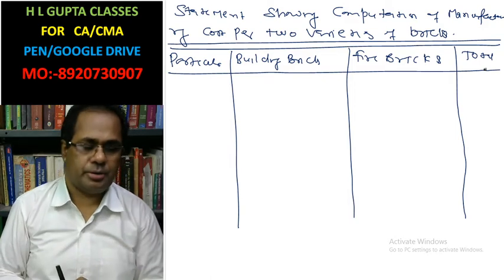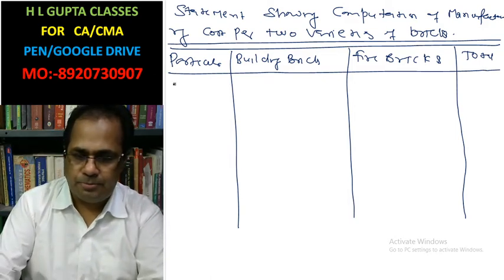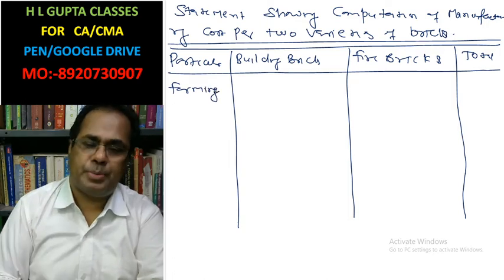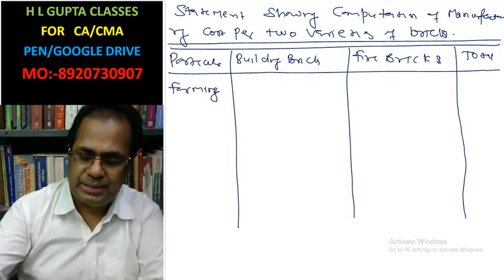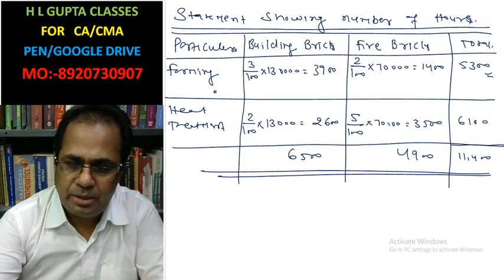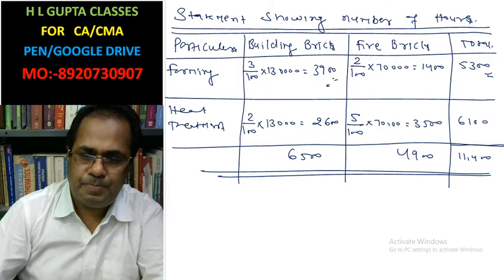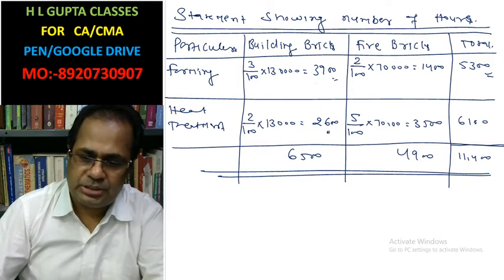Okay, look at it. Forming cost. In building bricks, time is 3,900 hours, and for fire bricks this is 1,400 hours.